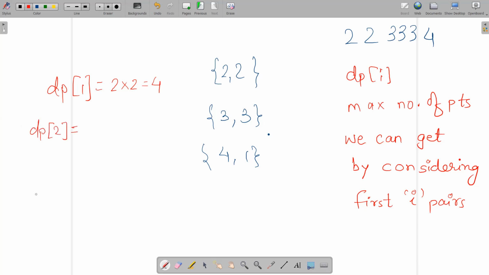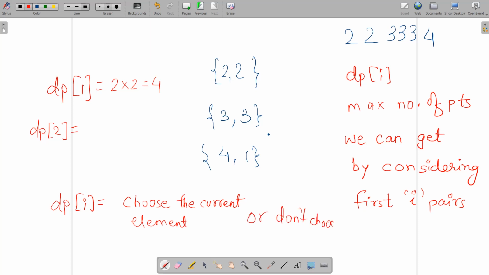So for every element in general, we can say dp of I will be, either choose the current element, or don't choose the current element.